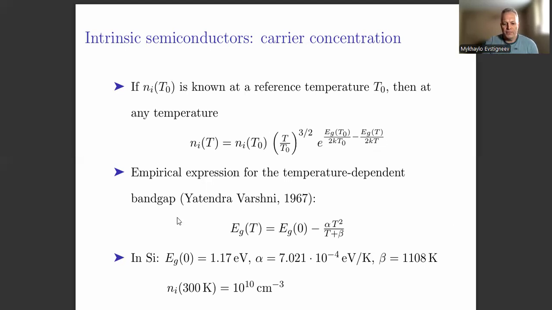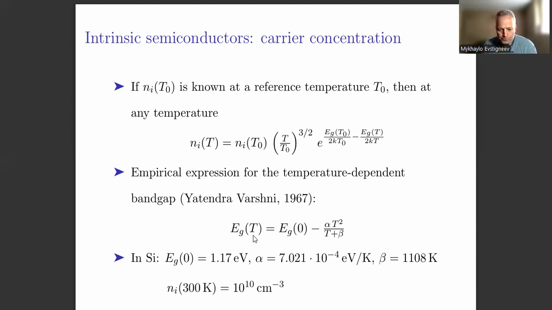And here it is. The band gap at the temperature T. Now, as per usual in semiconductor physics, temperature is measured in kelvins. Band gap or energies are measured in electron volts. Recall that 1 electron volt is the energy acquired or lost by an elementary charge, 1.602 times 10 to the negative 19 coulombs, as it goes through a potential difference of 1 volt.